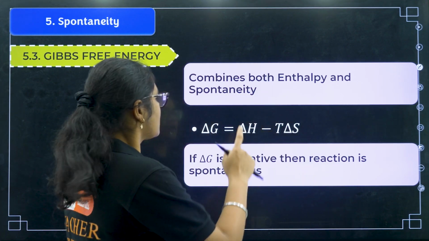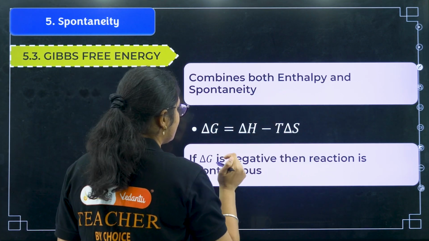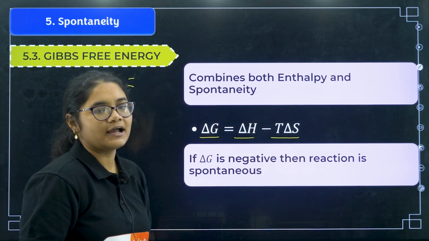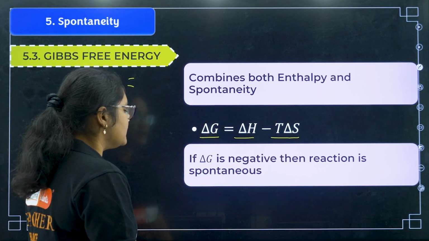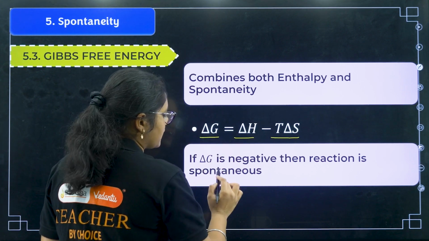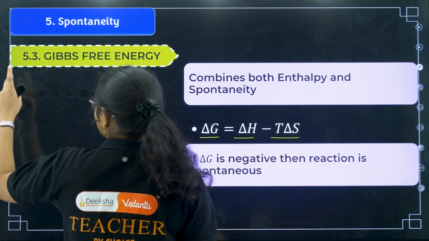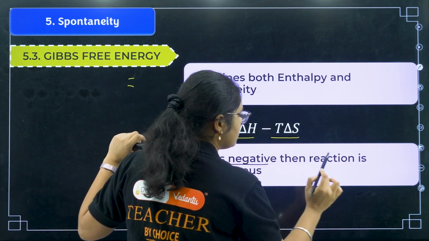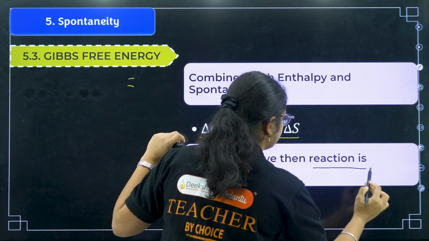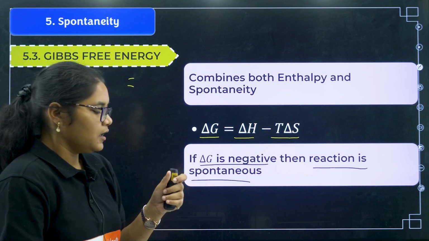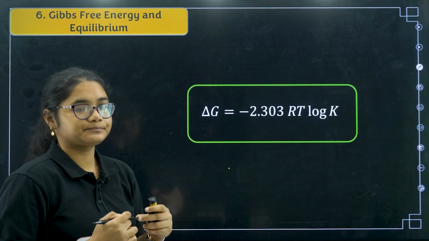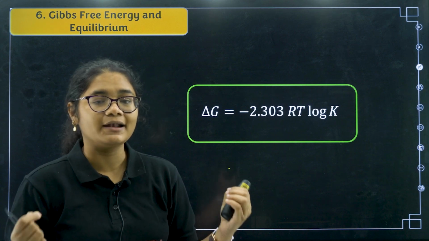It combines both enthalpy and entropy and gives you this equation: delta G is equal to delta H minus T delta S. If delta G comes out to be negative, then the reaction is spontaneous. Clear?